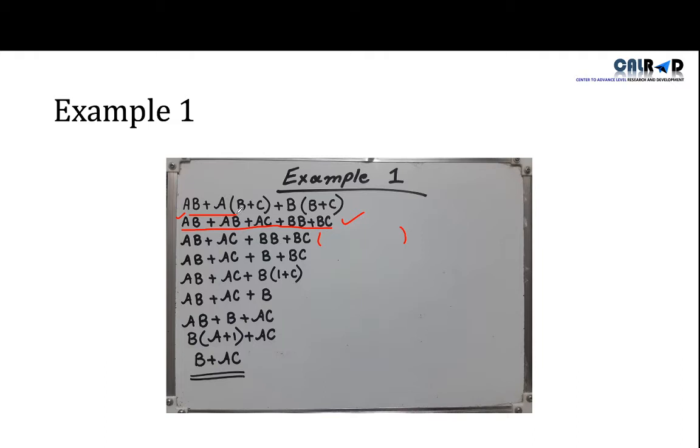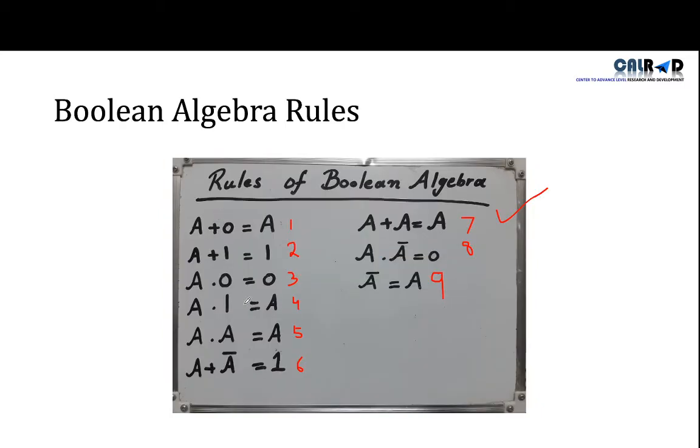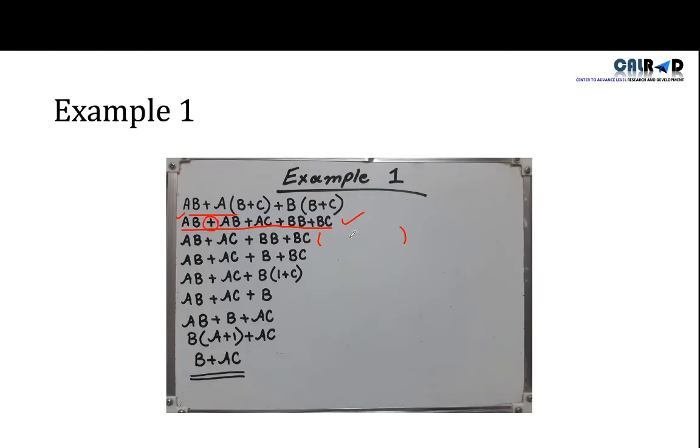That AB plus AB, if two similar functions are in sum with each other. Here you can see this law, A plus A is equal to A. This means if your two functions or your two inputs are similar, then the output will be one input, not the two inputs. So let's start solving this.